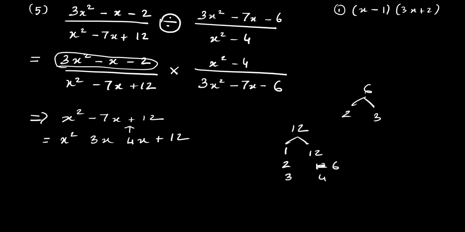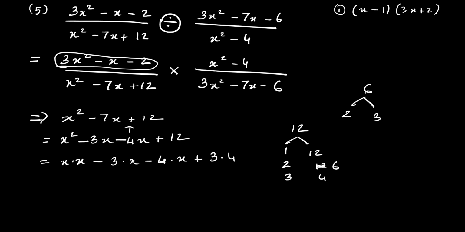Add them. So signs are same or different? Same. Minus goes to both of them. Yes. Minus, minus. Okay. Now I'll write it separately. x square is x into x. Minus 3 into x, x into x. Minus 4 into x, plus 3 into 4. Both should have 4.